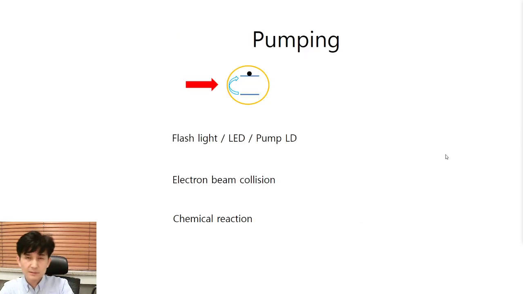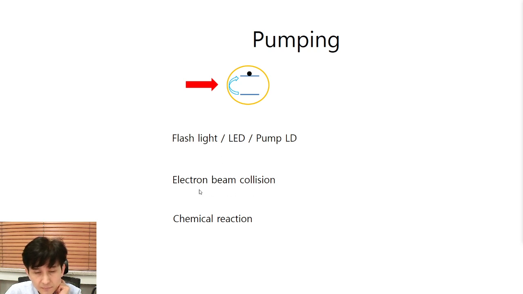Right, the last concept we'd like to consider is the pumping process. Pumping is the process to change the ground state atom to the excited state atom. Those are basically done by flashlight or LED pumping. This is the optical pumping.